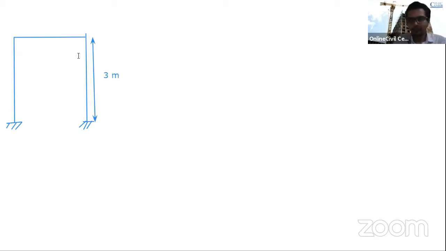Now when you have a 3 meter height, it means the brickwork will be done up to a height of 3 meters. But as we know, there is always a beam beneath every slab, so we can deduct the depth of the beam. Suppose the depth of beam is equal to 300 mm, or 0.3 meter.